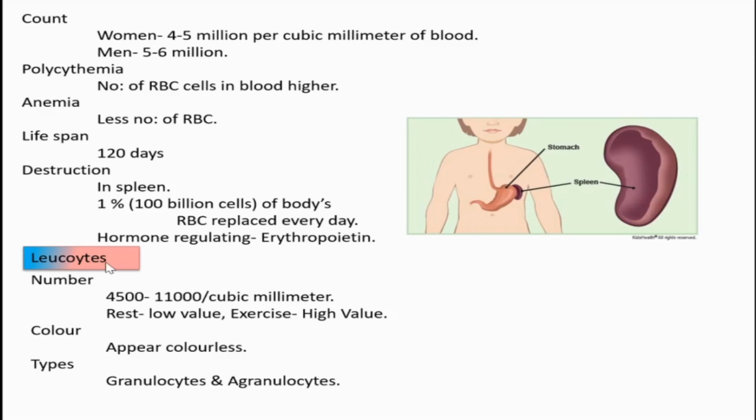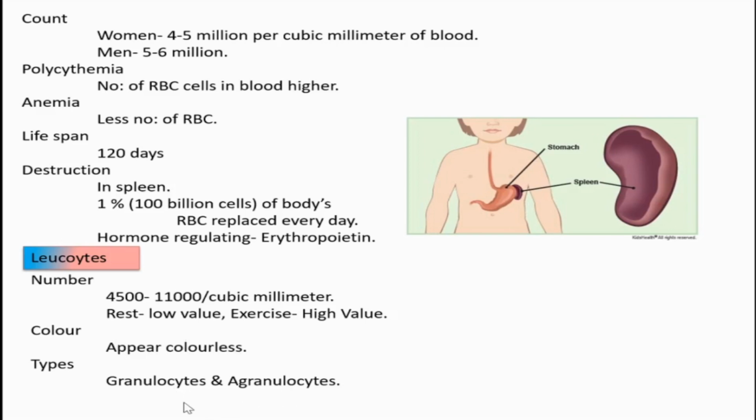The number is about 4,500 to 11,000 per cubic millimeter of blood. In resting condition, its number will be very low, and when we do exercise, leukocyte number will increase. They appear colorless, and there are two types, granulocytes and agranulocytes.